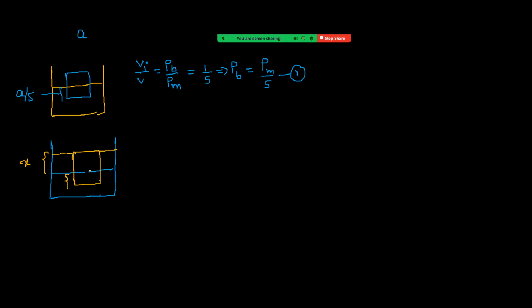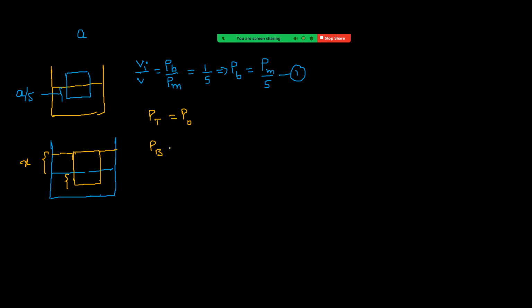Now see the equation. Once again, it is floating. So just as we solved earlier, the pressure difference between the top and the bottom, into the area, gives us an upward force which balances the weight of the block. Writing the same equation. Pressure at the top is equal to P naught, pressure of atmosphere.